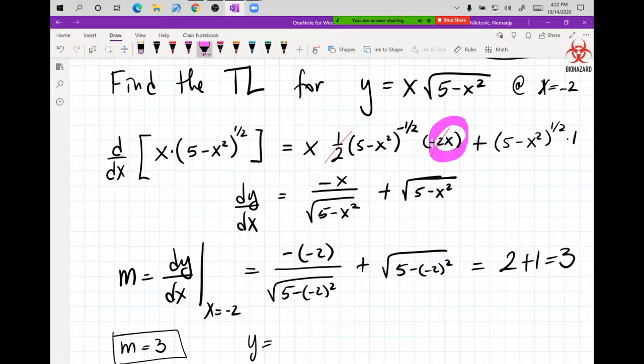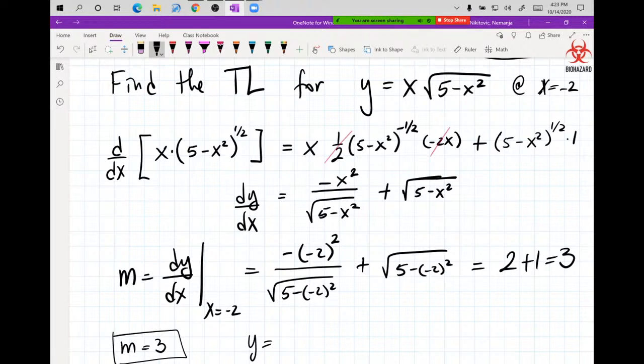There is an x over here, and there is an x over here. X times x is x squared. So this needs to be -x squared. Very good. So this needs to be a square over here.